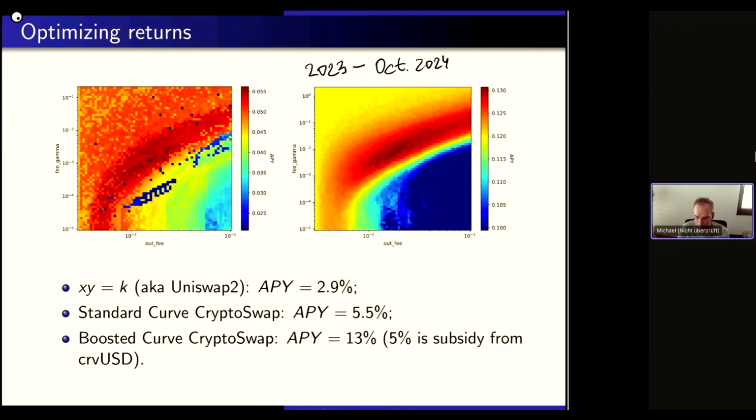And if we spend about 5% rate as an investment in our rebalancing budget, then the pool makes 13%. So you see the difference here is plus 7.5%. We spend minus 5%, because it was the borrow rate, but we've got plus 7.5%. So we are net positive here, which is great. And so the method works.